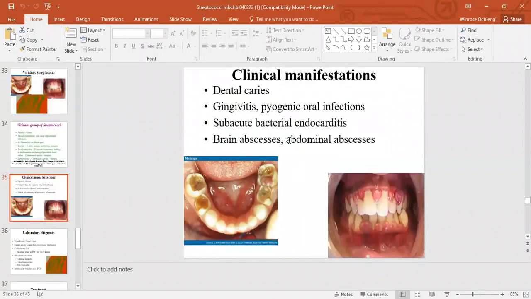The clinical manifestations from the viridans group of streptococci include dental caries. That's why we are worried about viridans streptococci. Yes, they are normal flora, but when the predisposing factors are there, you can end up getting all these infections, like subacute bacterial endocarditis, brain abscesses, which are very bad infections, and abdominal abscesses.